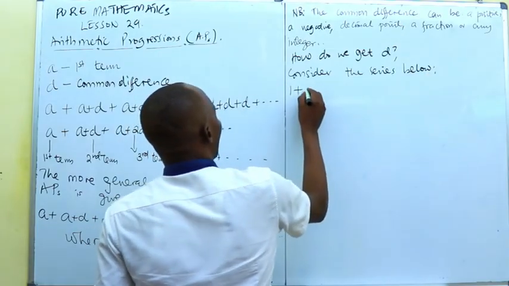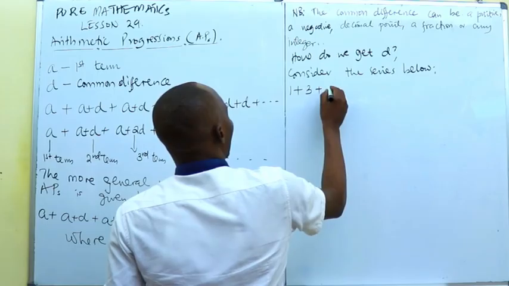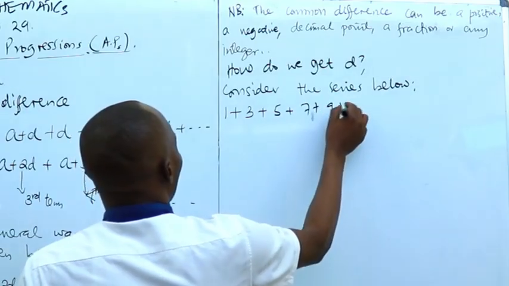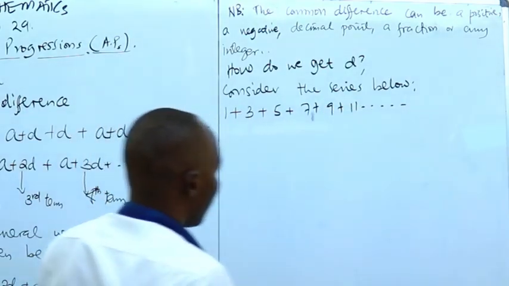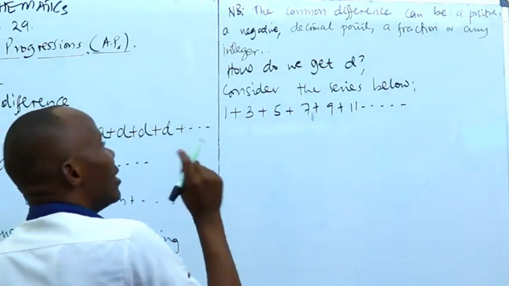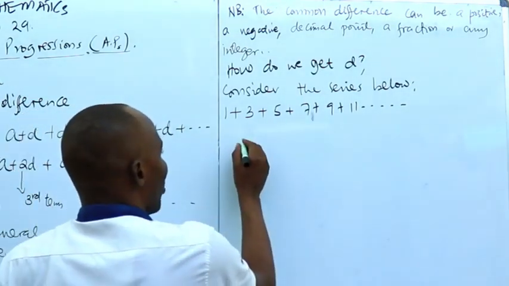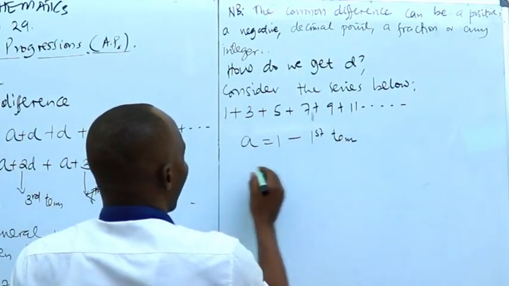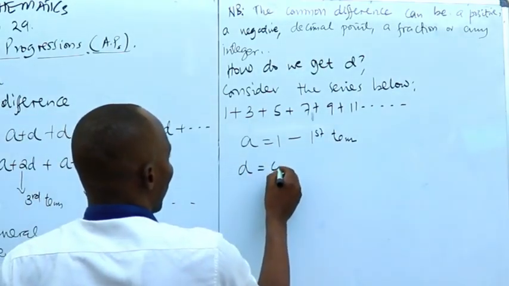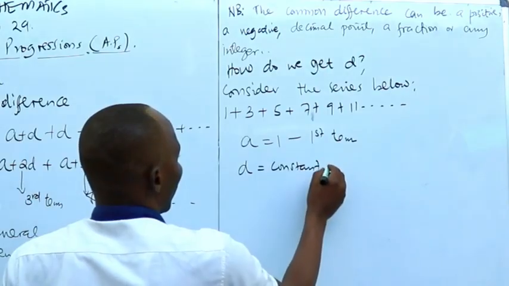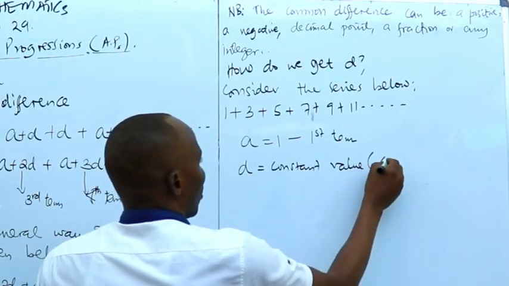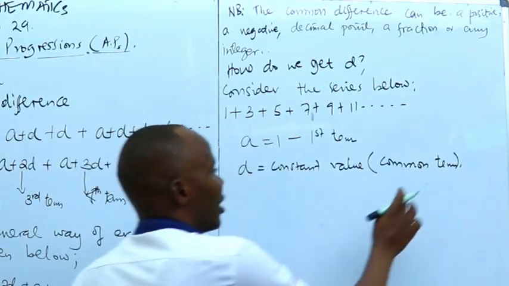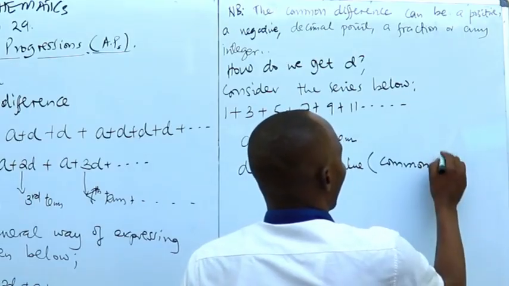We have 1 plus 3 plus 5 plus 7 plus 9 plus 11 and so on. If you need D from here, remember A is 1, the first term. Then D is the constant value that you keep adding on the previous term to get the next term. It is the common difference.